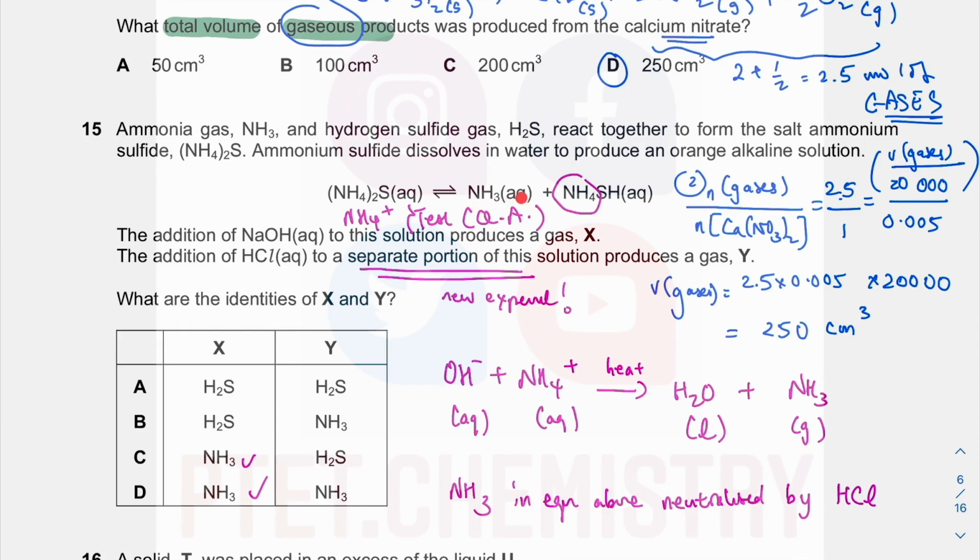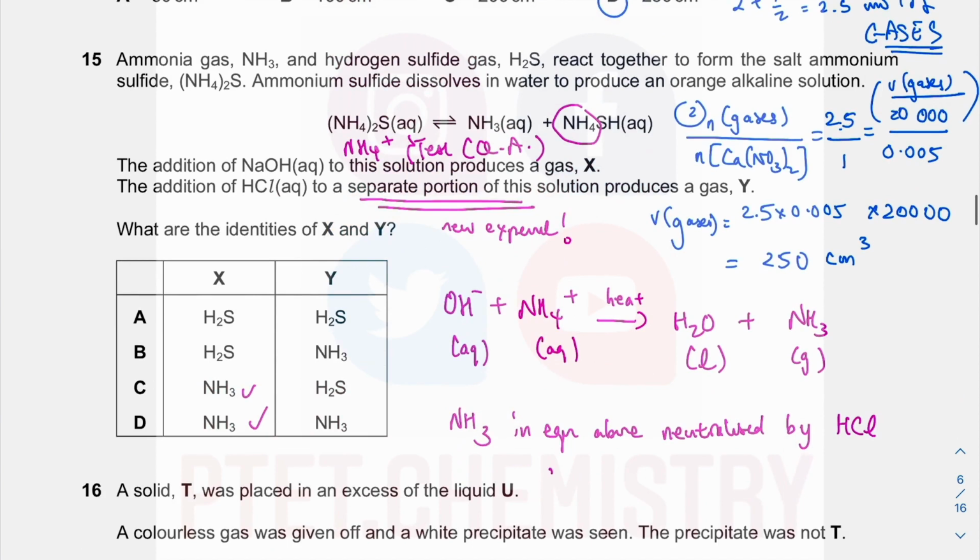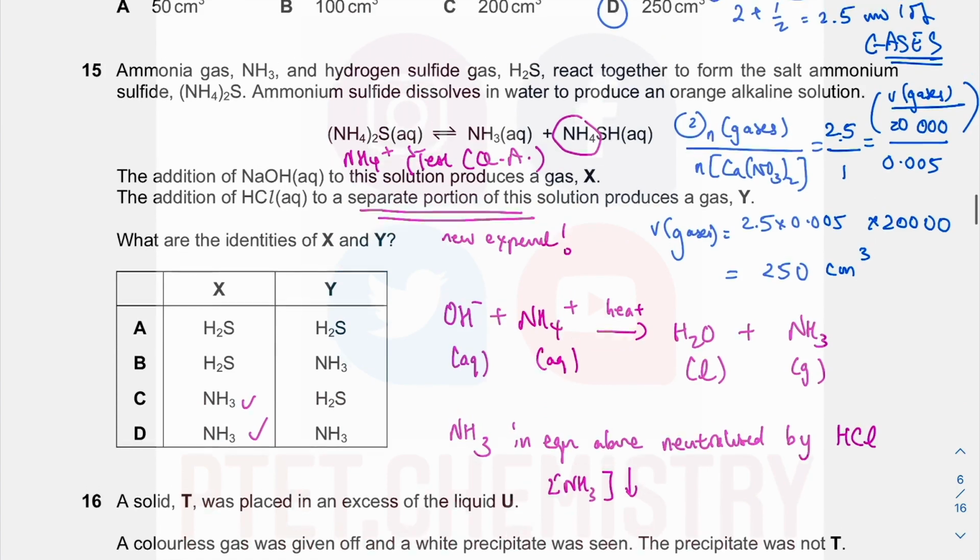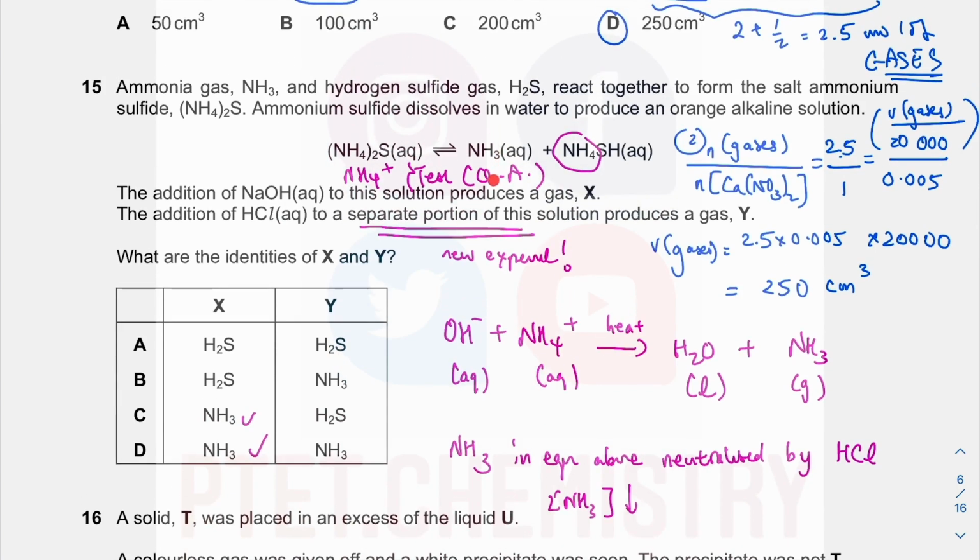When the concentration of this goes down, so your NH3 concentration will go down, this equilibrium will produce more of this, and you have ammonium SH in the presence of acid that can neutralize the NH3 in the NH4 plus.